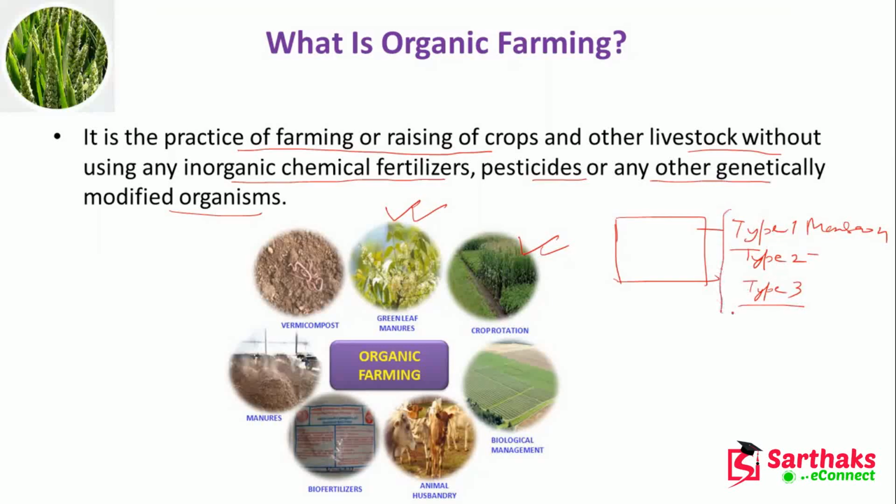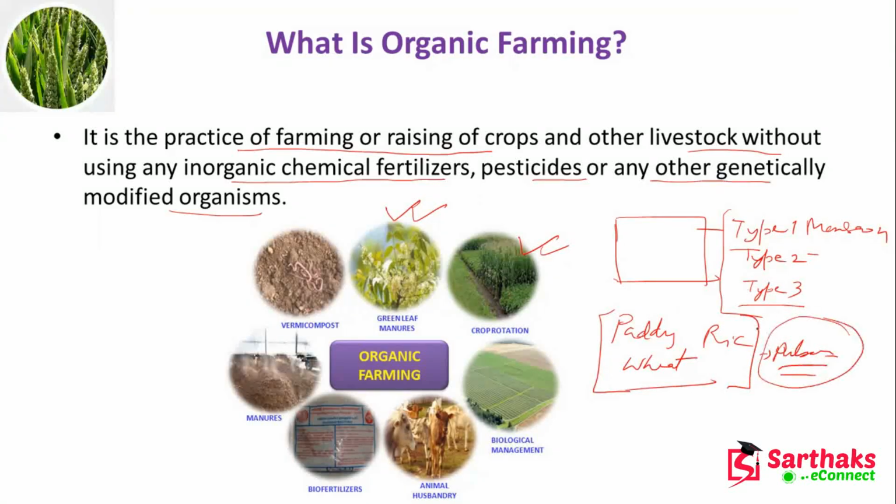So you are doing crop rotation just to enhance the fertility of the soil. Suppose we are cultivating rice or wheat, after that we add the cultivation of pulses, which will increase the nutrition of the field soil. So crop rotation is a method.